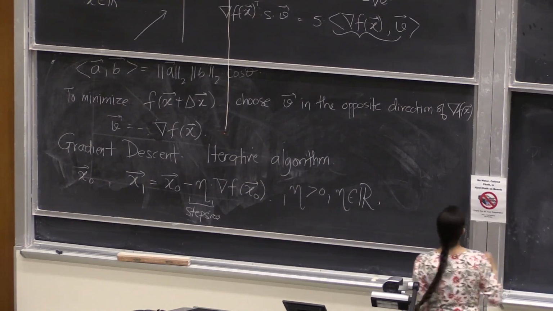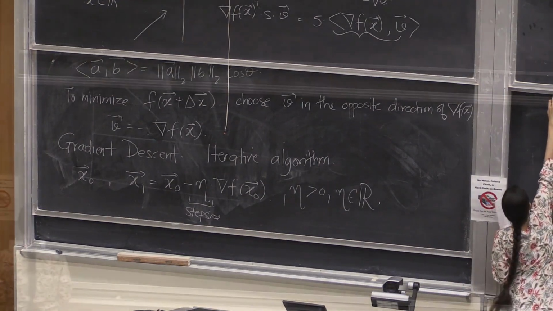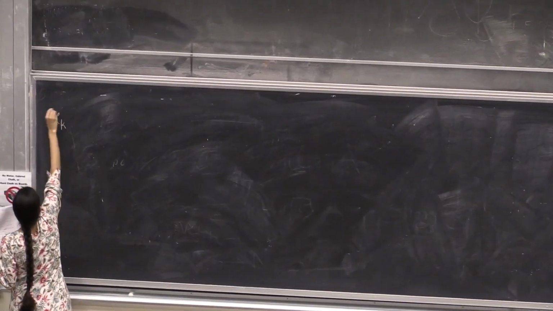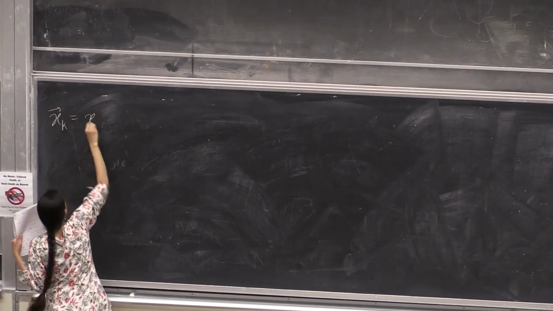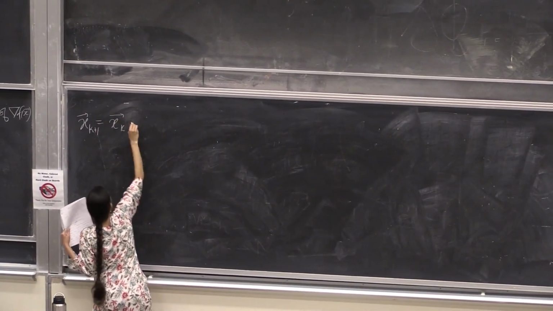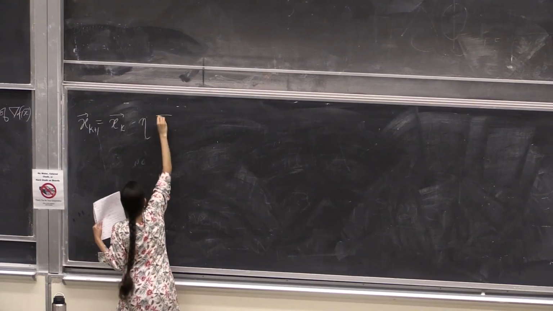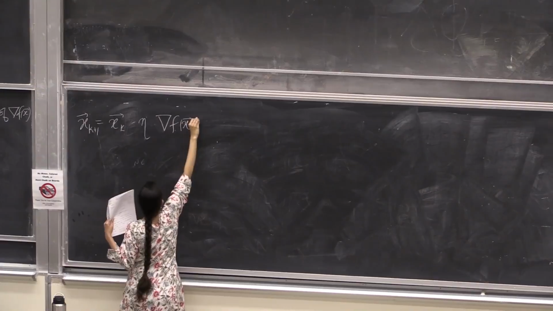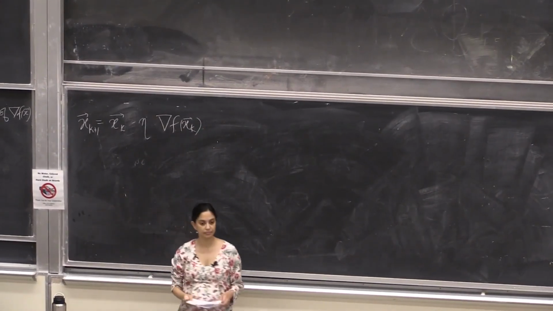In general, what you might write as the gradient descent algorithm is that xk plus 1 is equal to xk minus eta times gradient of f at xk.